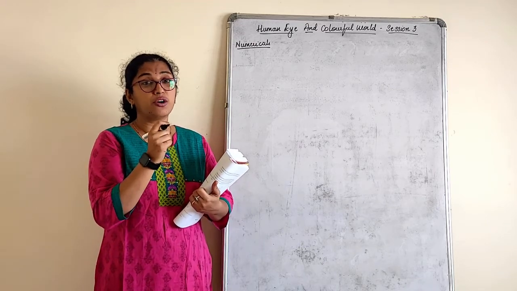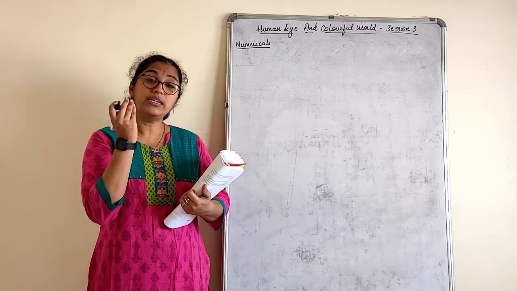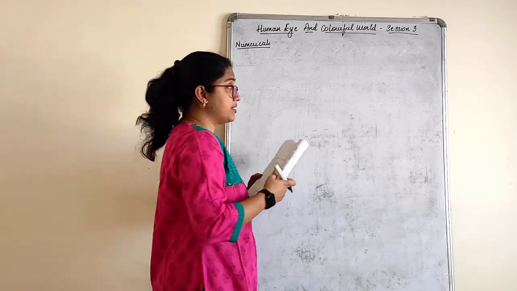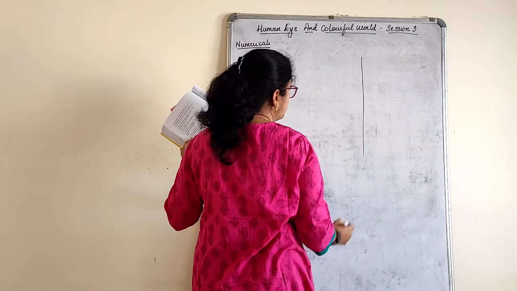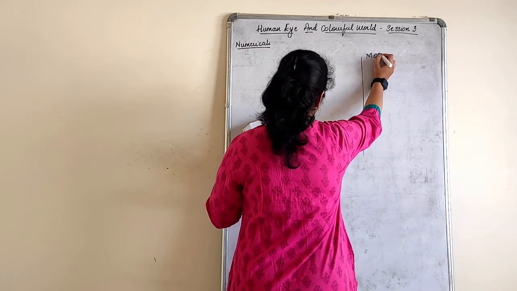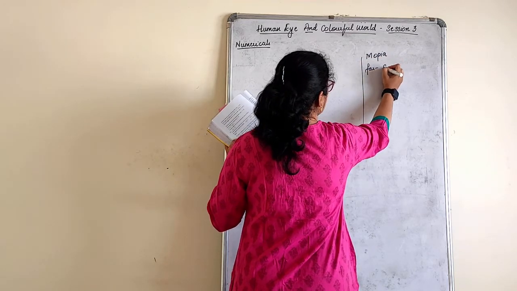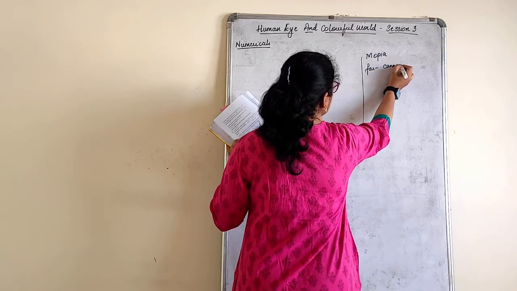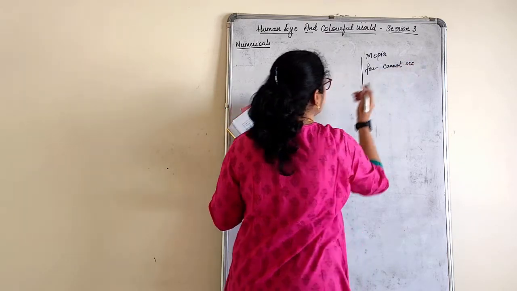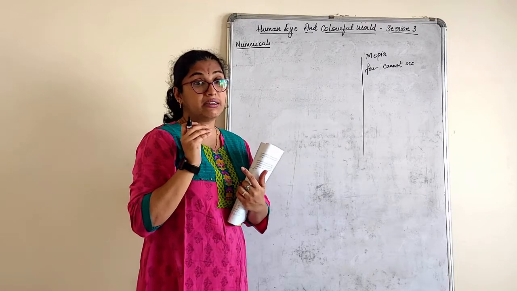So, to apply that formula, you should know the image and the object distance. How do we understand the image and object distance here? That is one hint to understand for myopic eye. Now, myopia is what? Far things you cannot see, but you can see the nearby things.